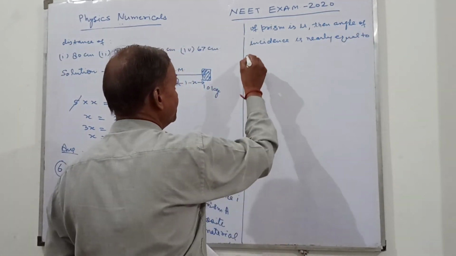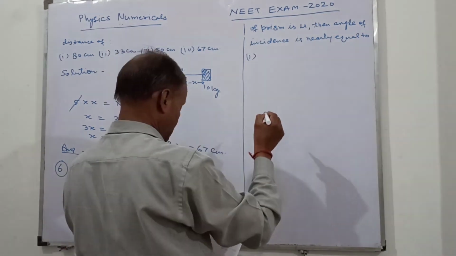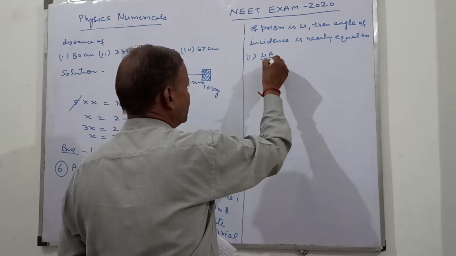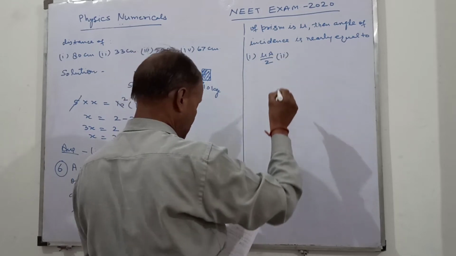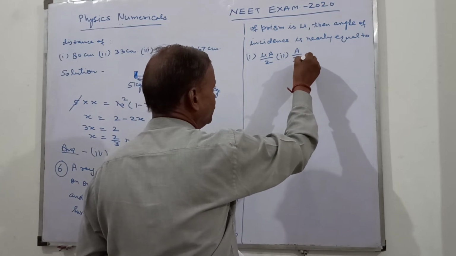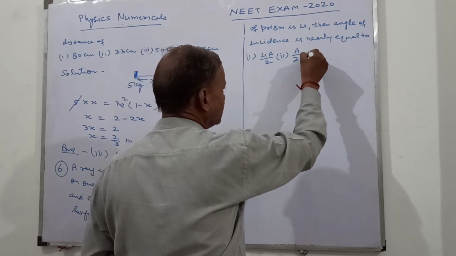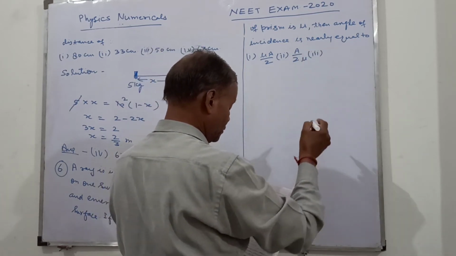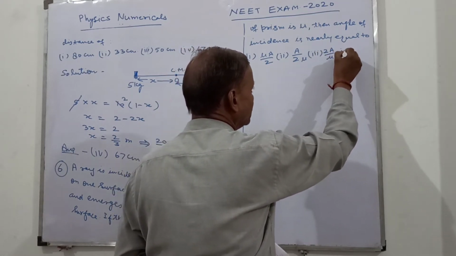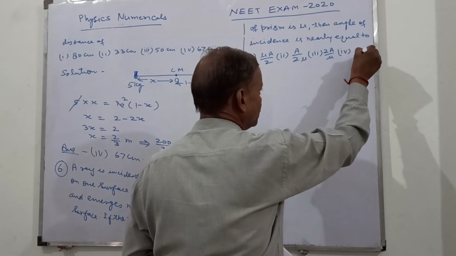Now the first option is mu A upon 2, second is A upon 2 mu, third is 2A upon mu, and fourth is mu A.